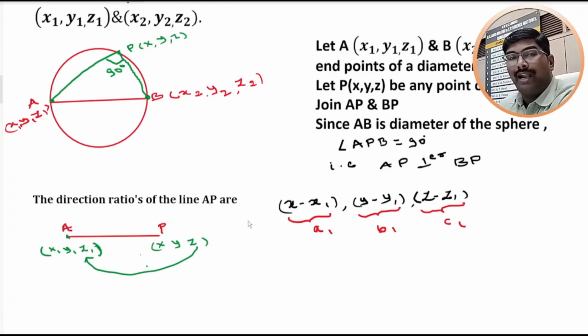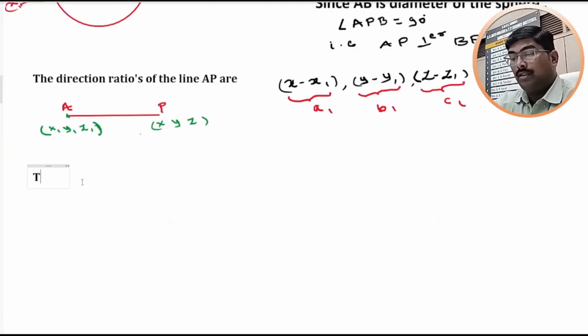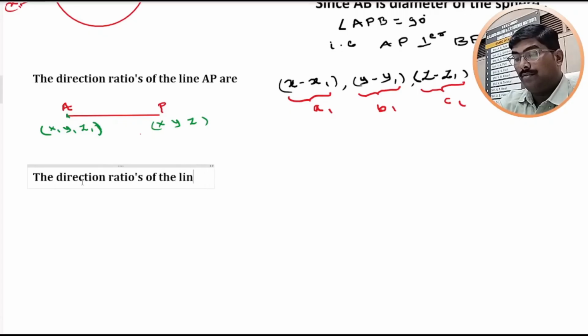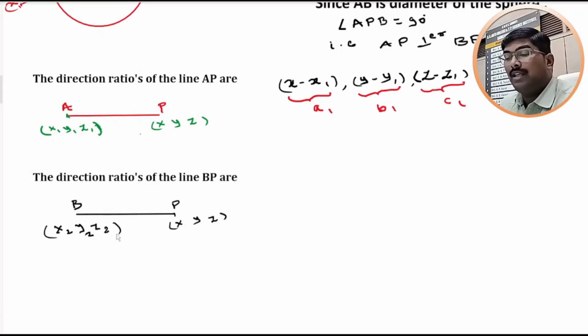Similarly, we have to find the direction ratios of the line BP. The direction ratios of the line BP are, you can see the line BP where the point B is x2, y2, z2 and the point P is x, y, z.